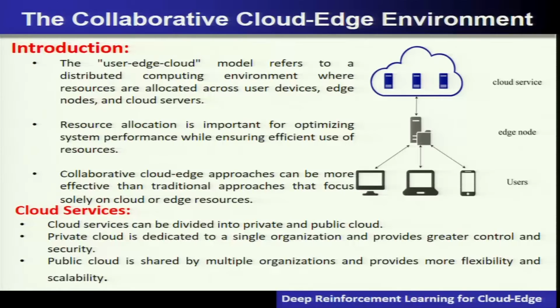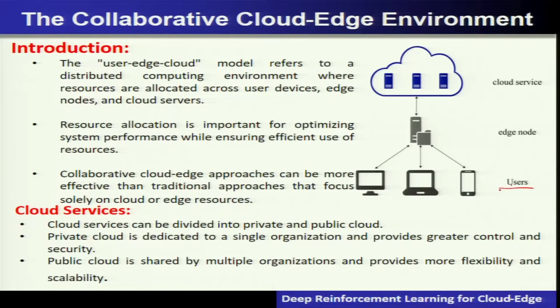So resource allocation becomes important for optimizing the system performance and also ensuring the efficient use of resources. The collaborative edge approaches can be more effective than traditional approaches that focus solely on cloud and edge resources. Let us understand this collaborative cloud edge environment through this particular figure.